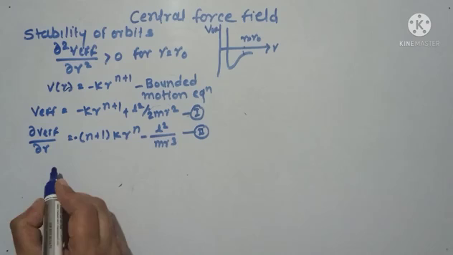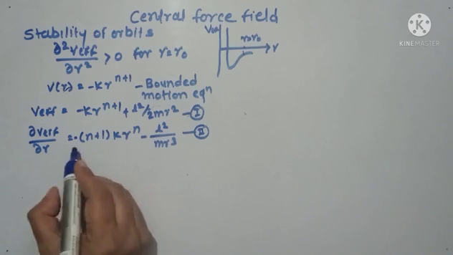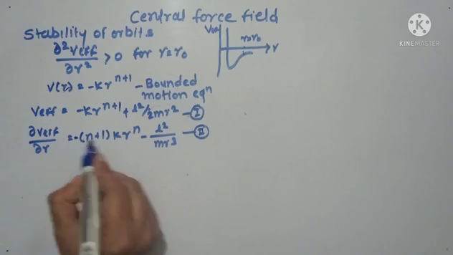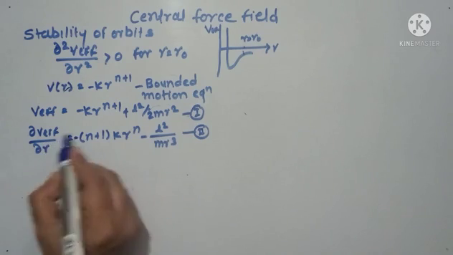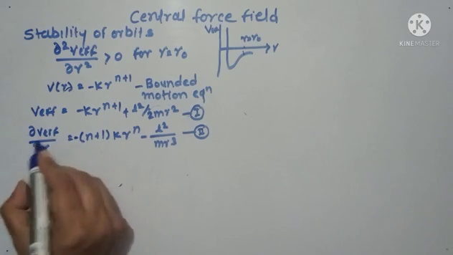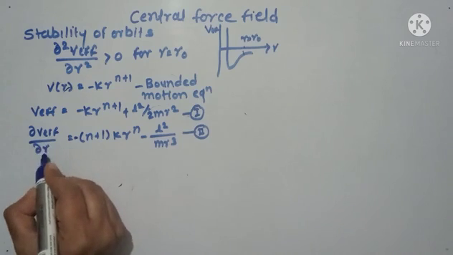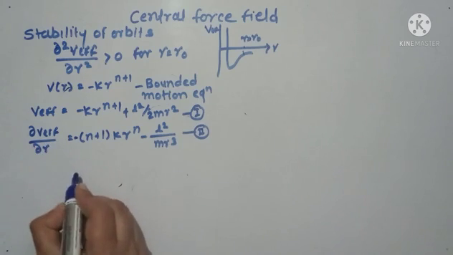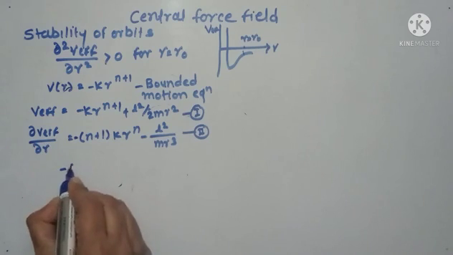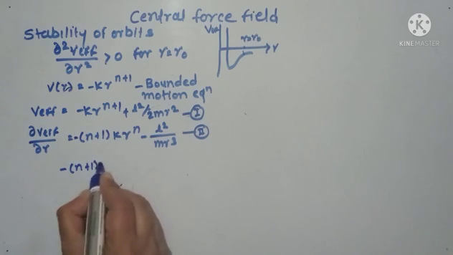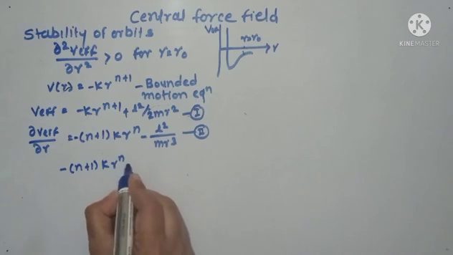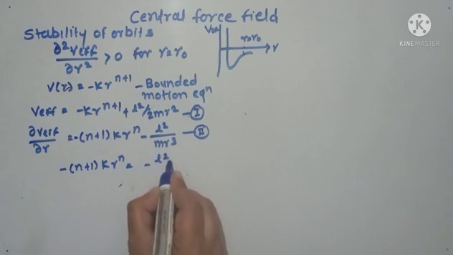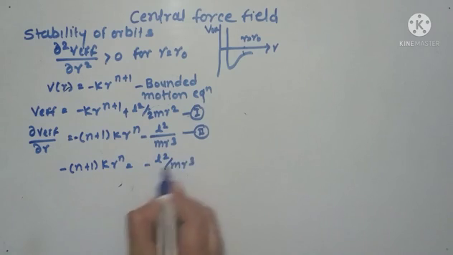Now let me put dV effective upon dr equal to 0. What I'm going to get is minus n plus 1 k r raised to n equal to minus L square upon m r cube.